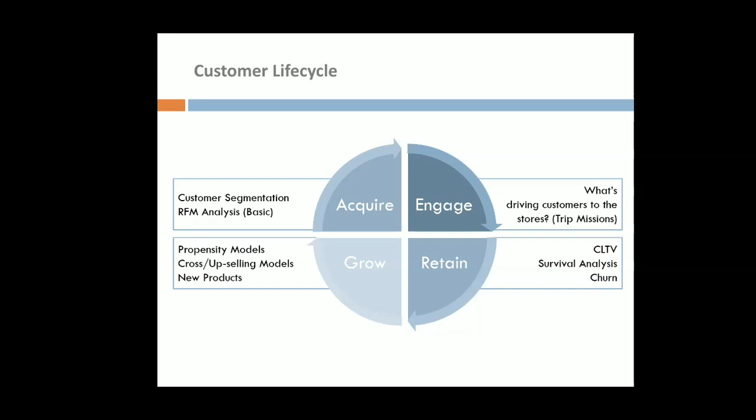In this context, a lot of analytical tools and technologies that are used are understanding and determining the customer lifetime value, also in short CLTV. We often do survival analysis to understand how long a customer is likely to stay with this particular brand or company. And the fourth stage is growing the customer.